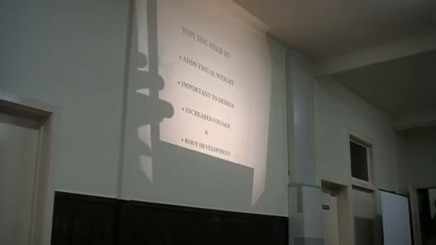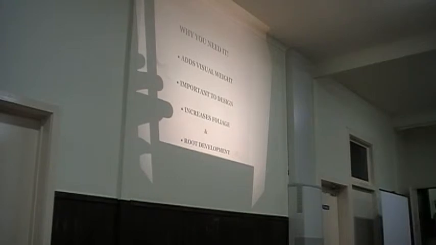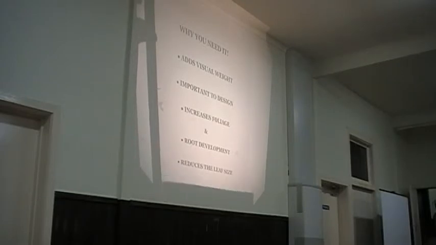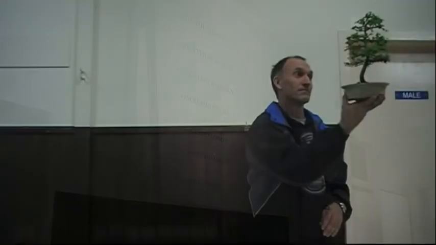Now, we spoke about increased foliage and root development. If we increase the foliage, a simple improvement we gain is a reduced leaf size. Just by simply increasing the amount of foliage on your plant, you can actually get a decreased leaf size. So that's important.